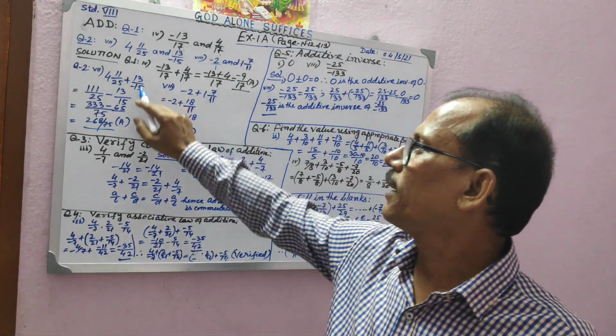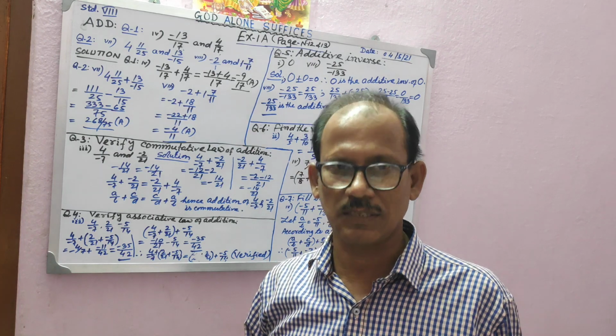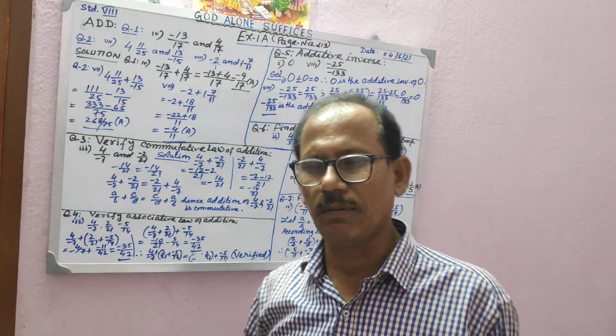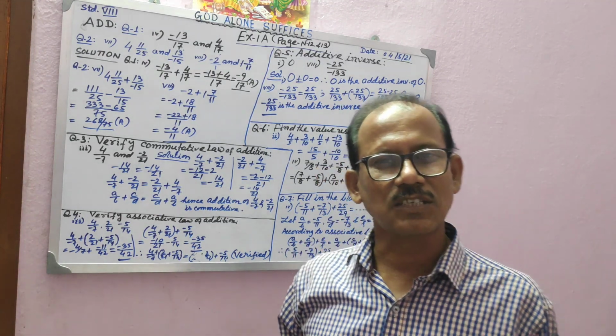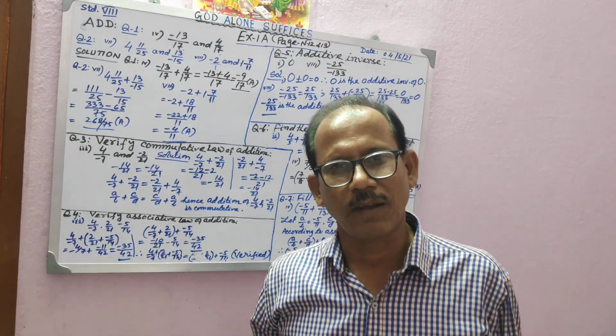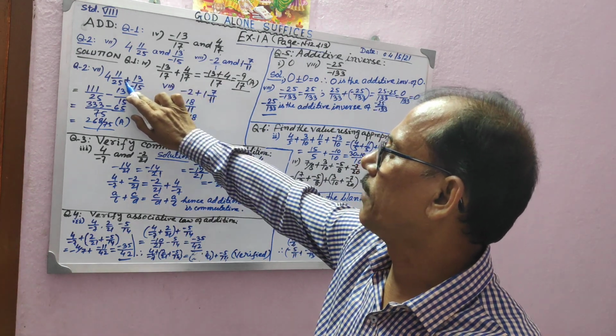Had both been minus, then it will carry a positive sign, because minus divided by minus is plus, just like minus multiplied by minus. But plus divided by minus is minus, and minus divided by plus is minus. In this case, plus divided by minus is minus, so it will carry the minus sign.